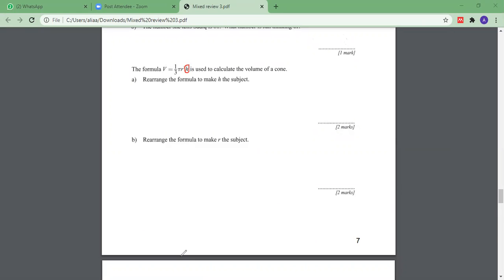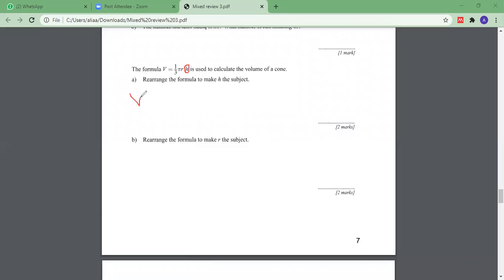So first of all, I will write it again. V equals 1 over 3 pi r squared h.